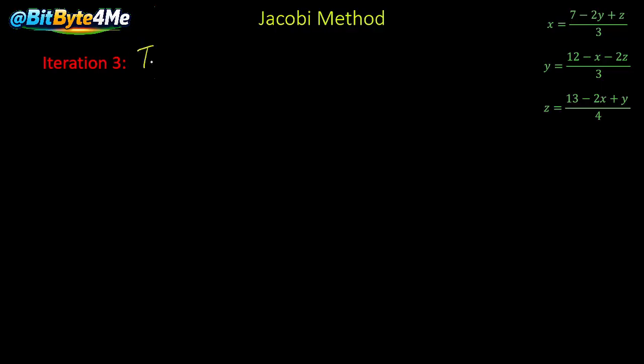Iteration third, take x is equal to 0.75, y is equal to 1.0557, and z is equal to 3.0833, and put these values in this equation, and this equation, you will get new values of x, y and z.